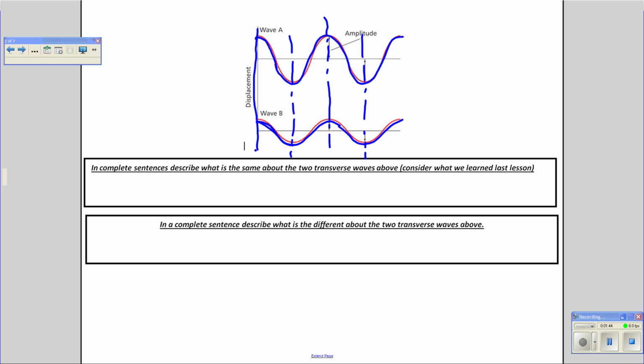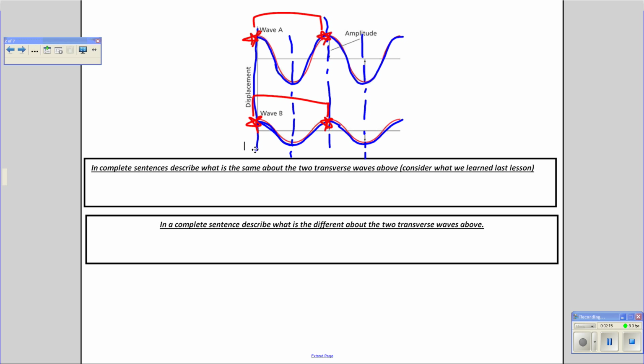Now, that means the wave has the same pattern, or the same wavelength, because if you think about it, from where it repeats. So this top point right here, alright, this is where it starts to repeat. So they each have the same wavelength.